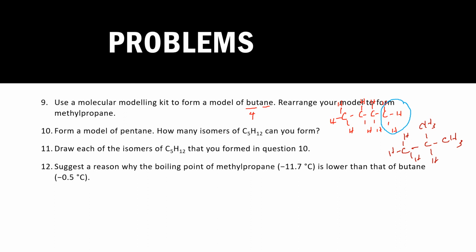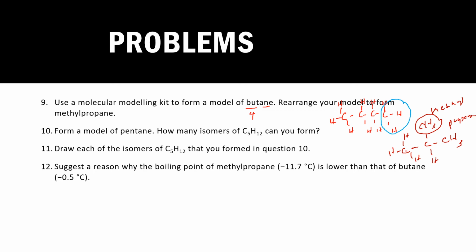So meth, eth, prop, methyl here. Therefore, it's called methyl propane. This is called methyl, and meth, eth, prop, propane. So in total we call it methyl propane.